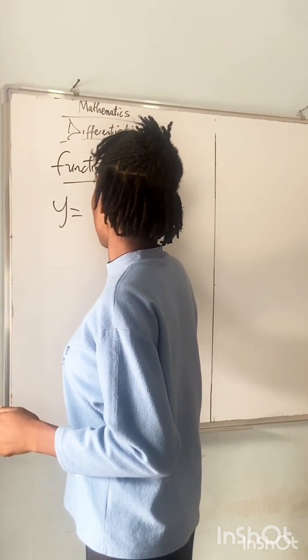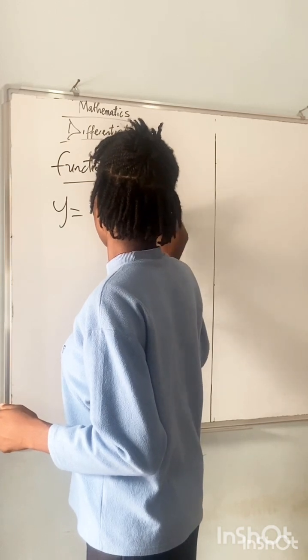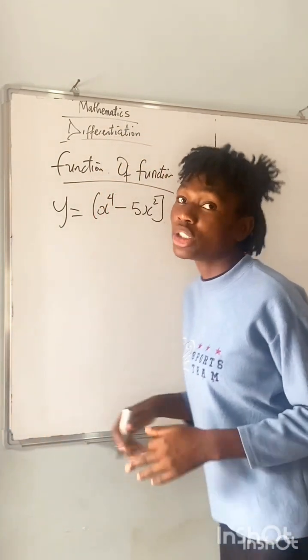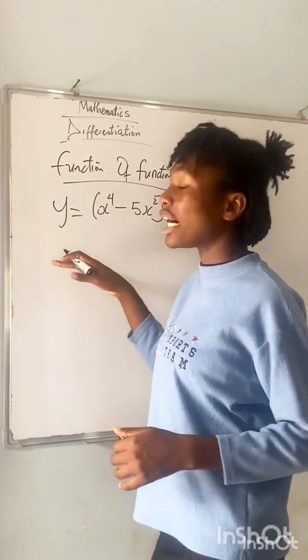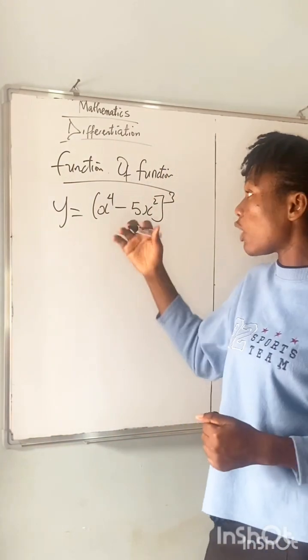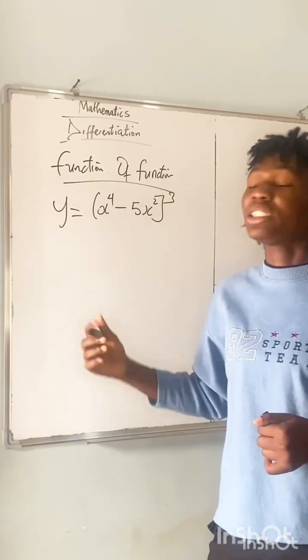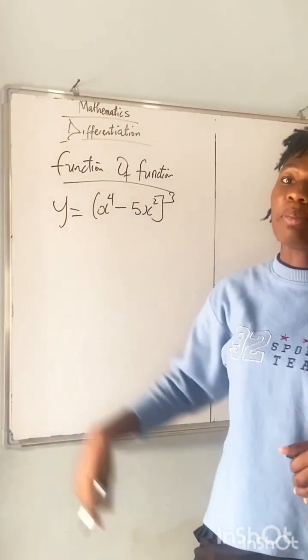Let's assume x raised to power 4 minus 5x raised to power 2, and then the entire expression is still raised to another power. Let's assume 3. This is what function of function is referring to when we want to differentiate our y, but our y is a function of an expression that is also raised to another power.